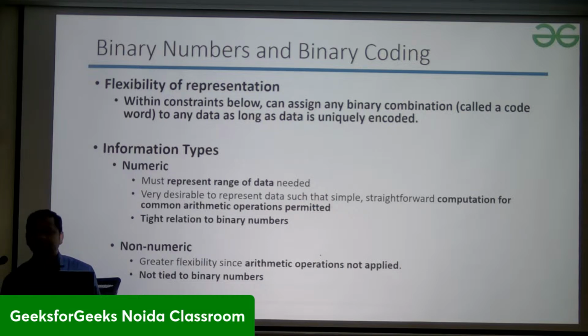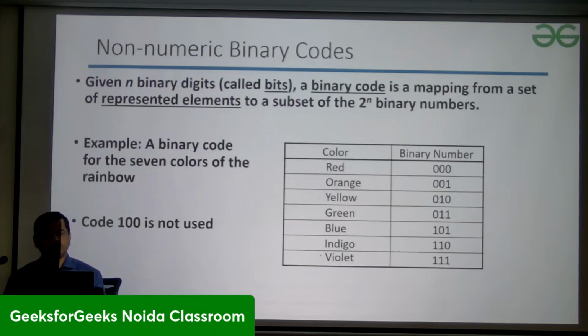Okay. So a unique interpretation of that value can be done if your binary system is coded. That's why it is called binary coding. Okay. So let me have an example of that. Just look at this.